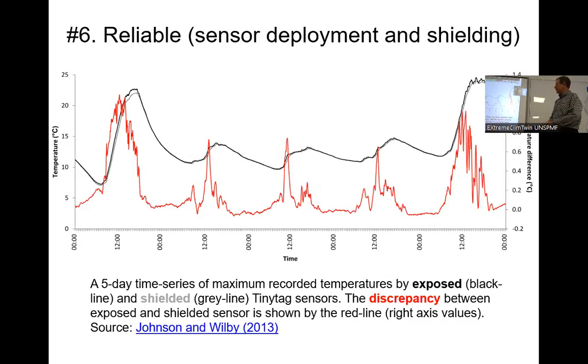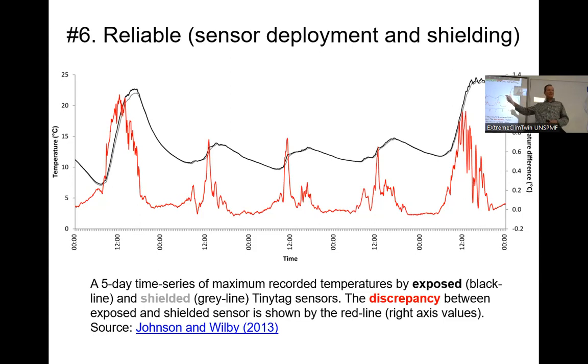Do we have a reliable set of measurements? It depends. There's a lot of literature that tells us we have to be really careful about how and when and where we measure water temperature. This graph shown in red shows the effect of a water temperature probe that's been exposed to sunshine.